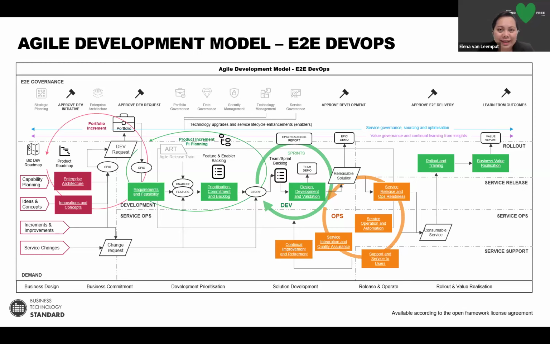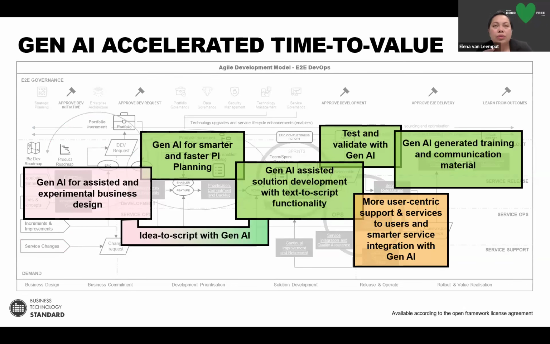Then I mentioned the illustration earlier, where you see generative AI is accelerating the development and so on. Here I have an example about how generative AI accelerates the time to value, and it's on top of the framework for a reason.